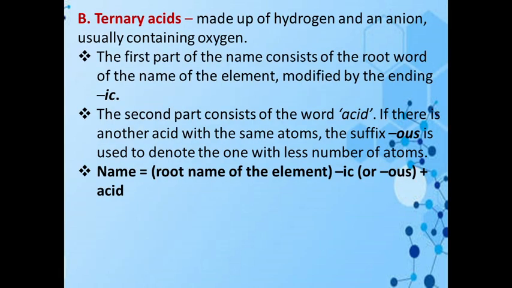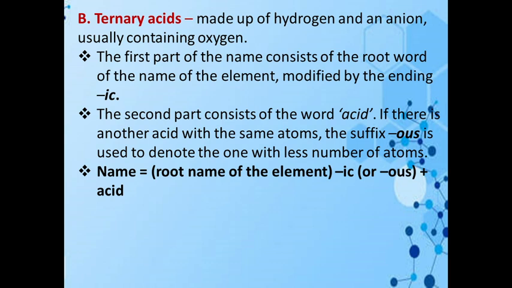For ternary acids, these are composed of three elements, made up of hydrogen and an anion, usually containing oxygen. The first part of the name consists of the root word of the name of the element modified by the ending -ic. The second part consists of the word acid. If there is another acid with the same atoms, the suffix -ous is used to denote the one with fewer atoms.